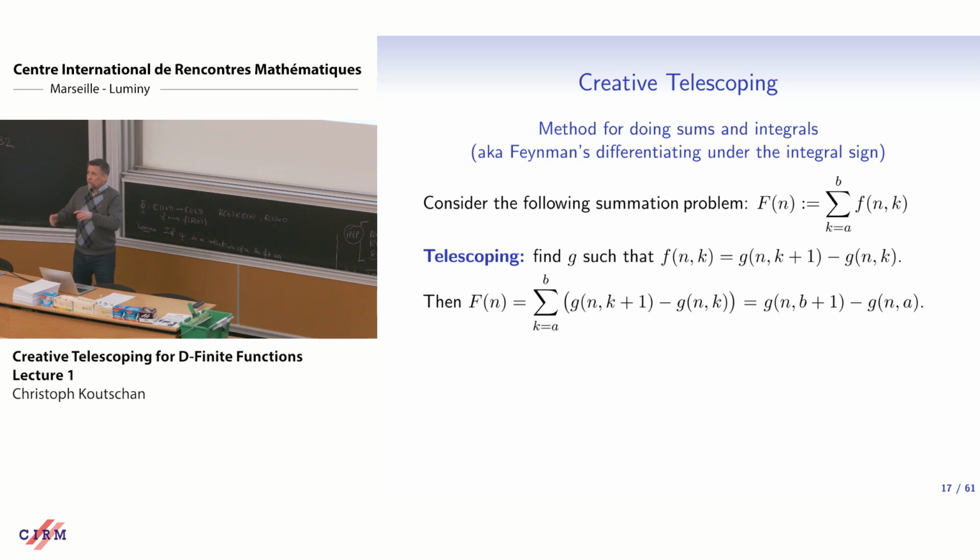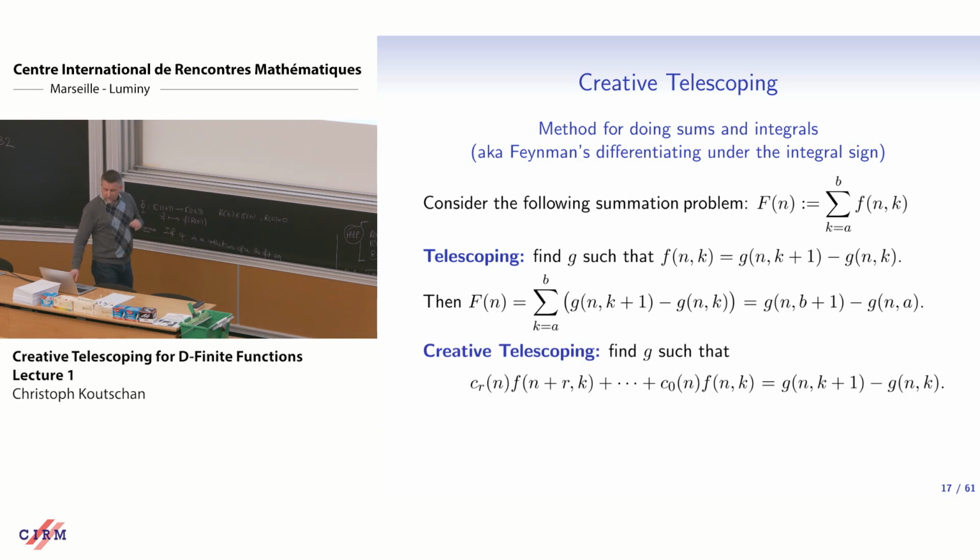But now let's assume that we are not able to find such an antidifference. Now comes the creative part. The creative part means that instead of studying the original summand, we look at a certain linear combination. We somehow give more freedom to the problem by introducing undetermined coefficients here, c_0(n) up to c_r(n), and here we have shifts of f.